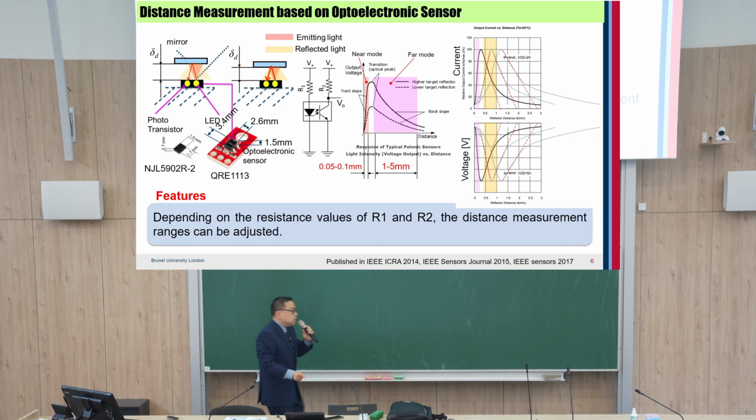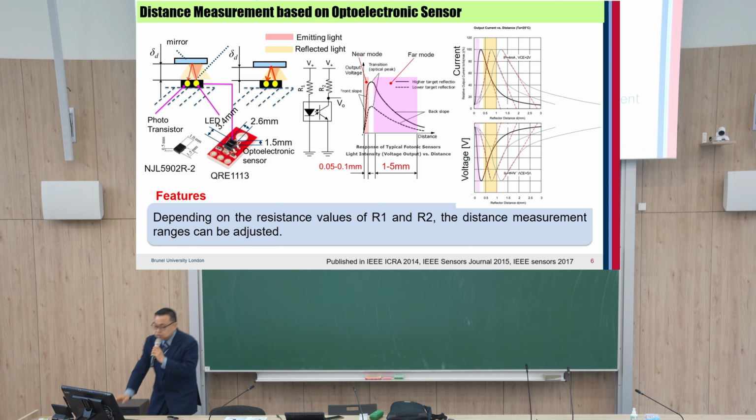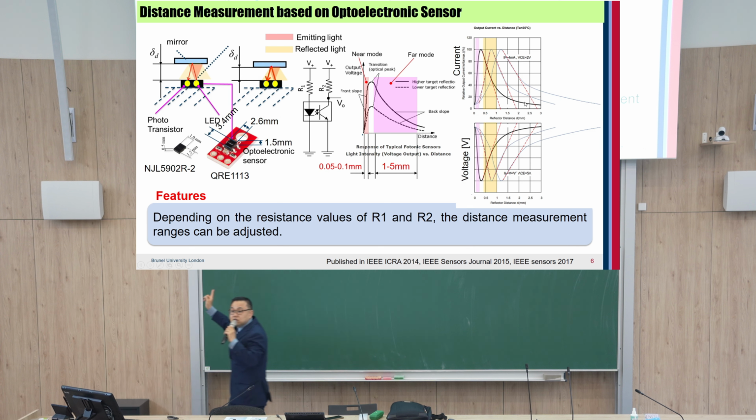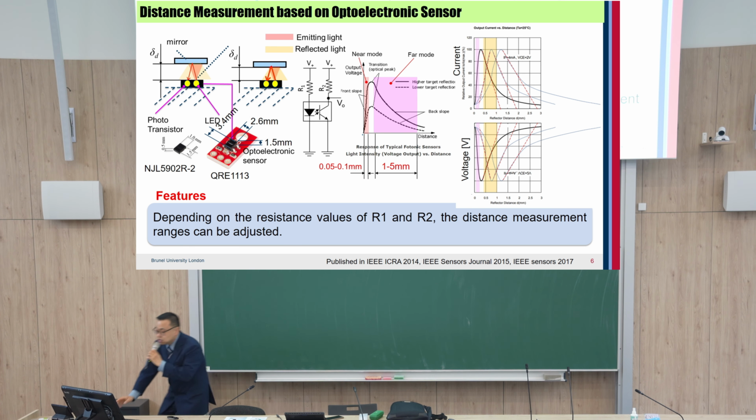So in this case, in combination of this R1, R2s and N, we can also tune different measurement ranges. For example, we can expand these purple ranges a little bit larger, okay? Or maybe long range.